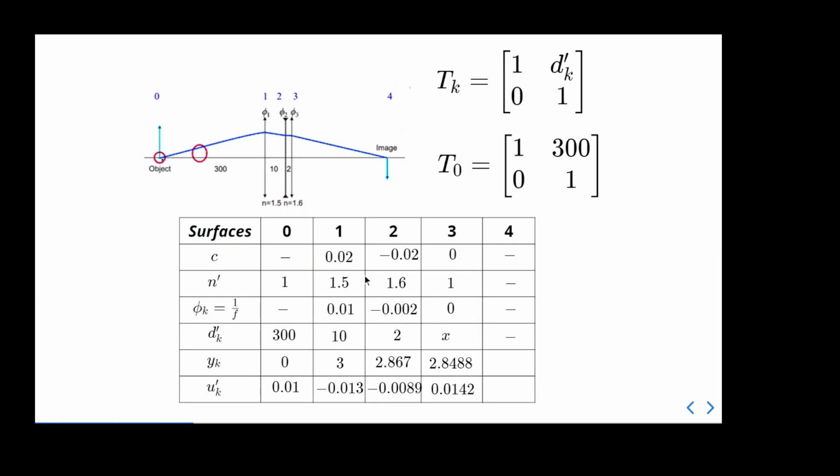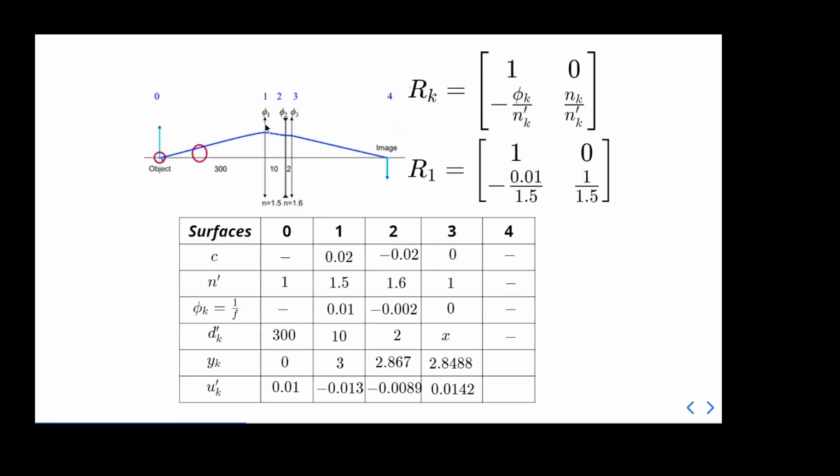So now let's go through the example from the previous video in terms of ABCD, so that it becomes more clear. For the surface T0, we just have to substitute d0 dash, which is nothing but 300, this distance. This is the transfer operation, so we put 300 here.